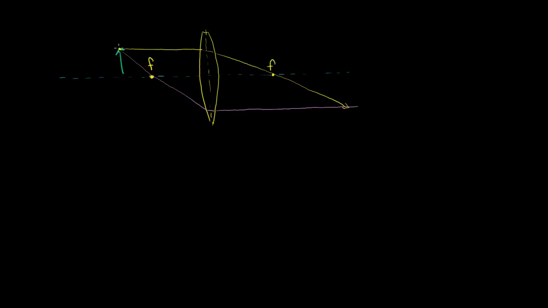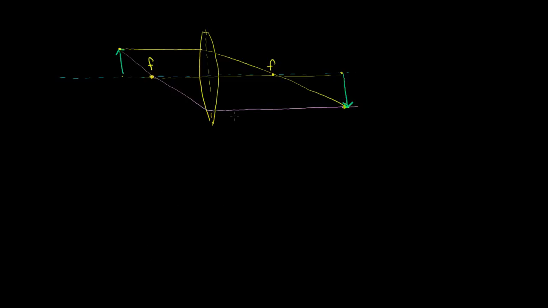So whatever light is coming radially outward onto this side and going through the lens will converge at this point right over here on the other side of the lens. And even light that goes straight through the lens would end up right over there. It actually won't be refracted at all. It'll just go straight through the lens. And so the image that gets formed on the other side of the lens will look like that.